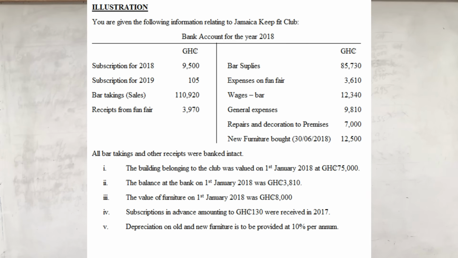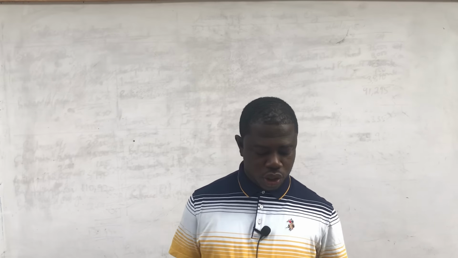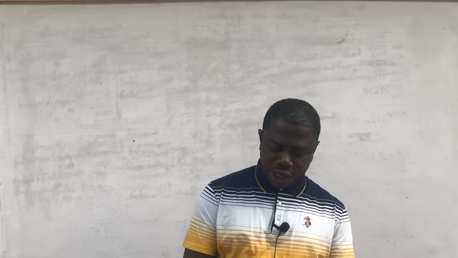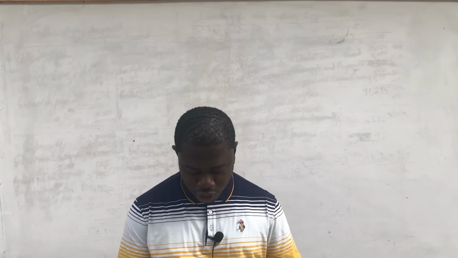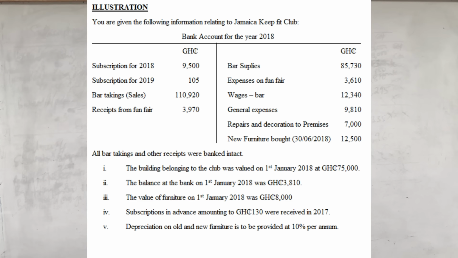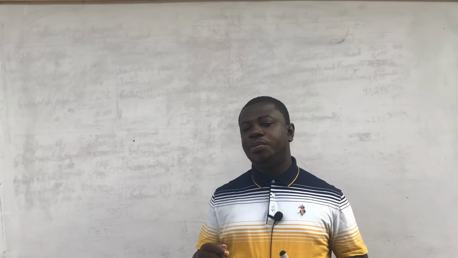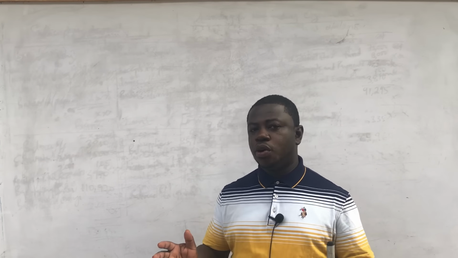Now, from the question, we are told that depreciation of old and new furniture is to be provided at 10% per annum. Okay, now the old furniture is the furniture that was there from the beginning of the year. The new furniture was bought within the year and it can be seen from the bank account on 30th June 2018. And so what we are going to do is that we are going to use the one month ownership basis and calculate depreciation for each of them. And then we combine to find the total depreciation on the furniture.